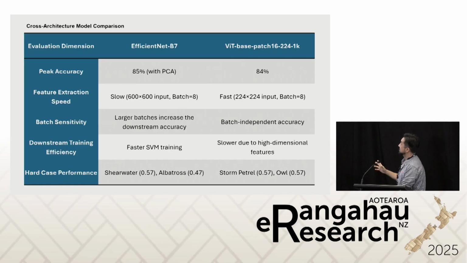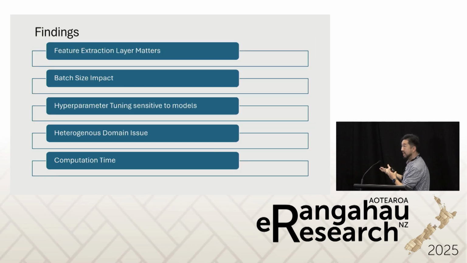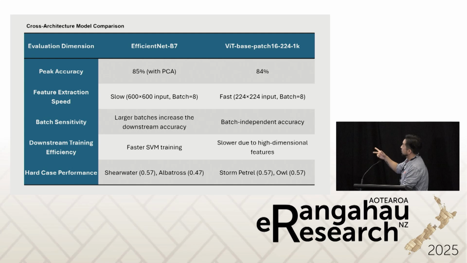Those are the two best performers we found. The first one is EfficientNet B7. Another one is the Vision Transformer.